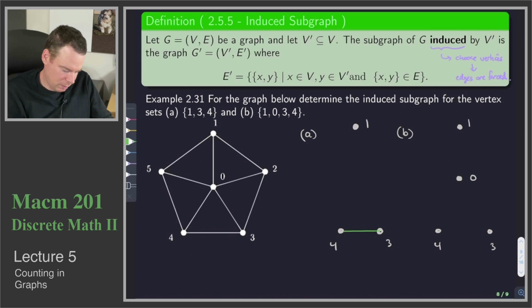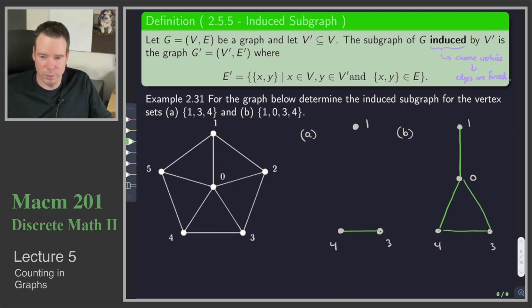So we are forced to take 1, 0, 0, 4, 0, 3, and 4, 3. And so there is our induced subgraph given by the vertex set 1, 0, 3, 4.